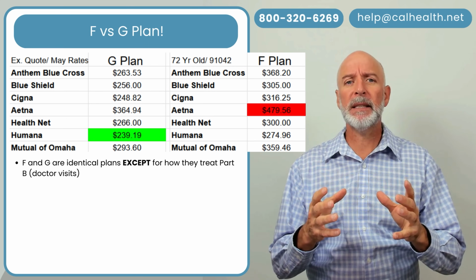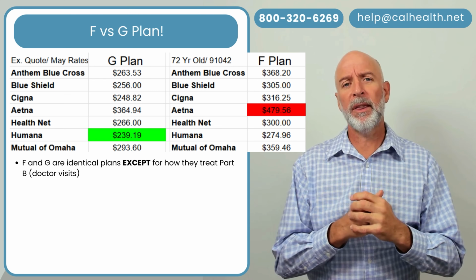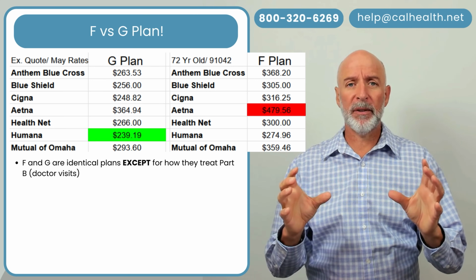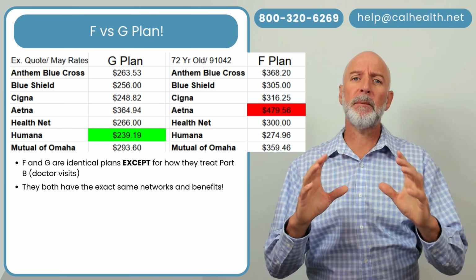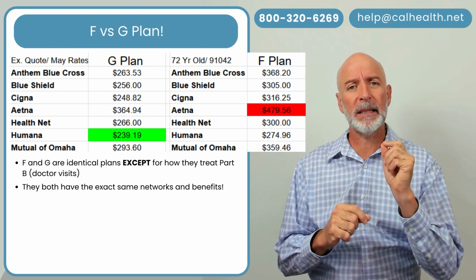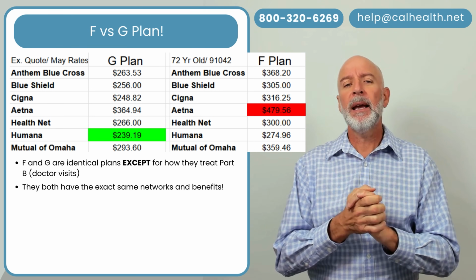It's around $257 right now in 2025. It goes up a little bit every year with inflation, but that's the only difference between the F and G. Otherwise, they're identical. Same network, same core benefits, everything's the same except for that one thing, which is about $257 right now.